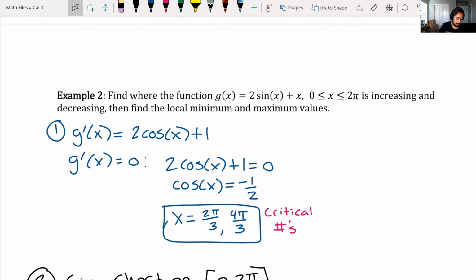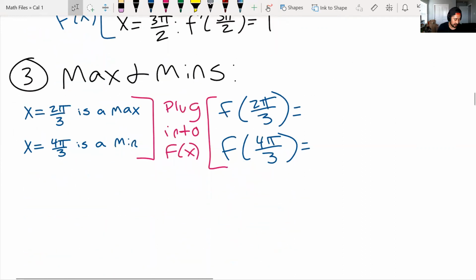Which is 2 sine x plus x. And I'll type my numbers in, parentheses 2 pi over 3. I get 3.83. And then parentheses 4 pi over 3, I get 2.46.